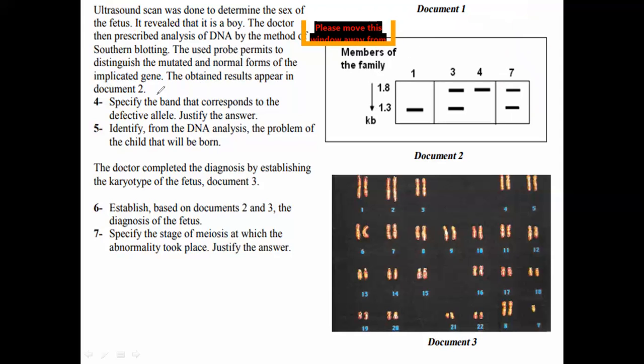Back to part 4, specify the band that corresponds to the defective allele: it is the 1.3 kilobase band, because individual 1 is affected and has only one X chromosome.